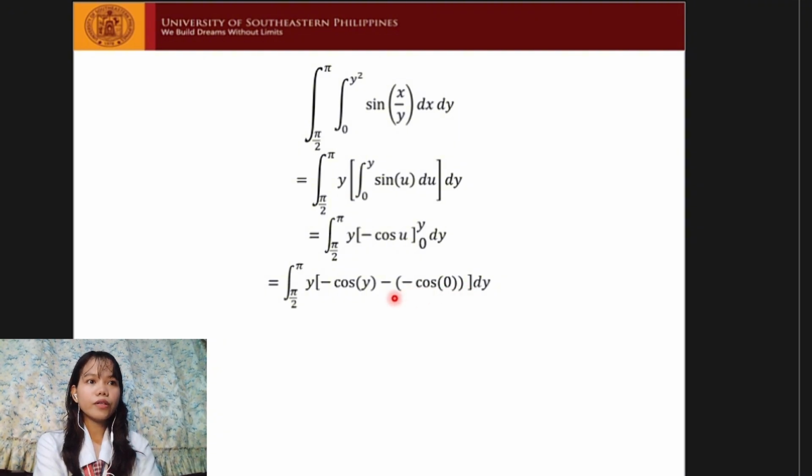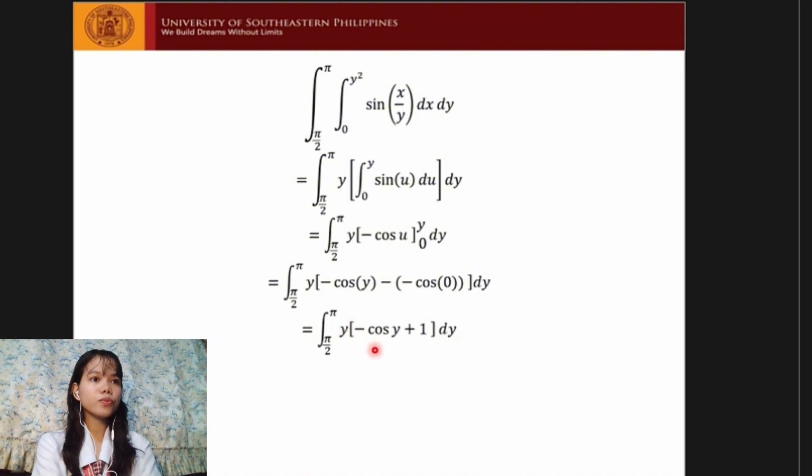So we all know that cosine of 0 is 1, so negative cosine of 0 is negative 1. So with respect to dy, ranging from pi over 2 until pi, what we have right now is the integral of y multiplied to the negative cosine of y plus 1 with respect to y ranging from pi over 2 until pi.